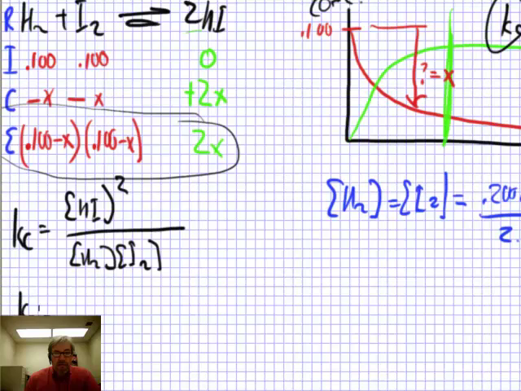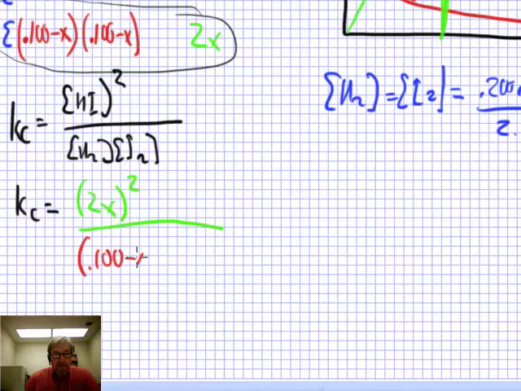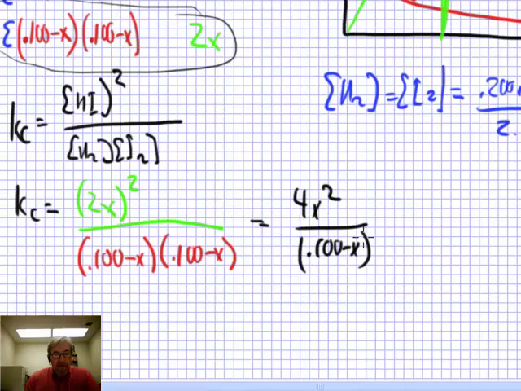Kc could be rewritten as 2X, that's the concentration of HI, squared, divided by 0.100 minus X to the 1 power, because that's concentration of H2, times 0.100 minus X to the 1 power, because that's the concentration of I2. So this whole thing simplifies to 4X squared divided by 0.100 minus X squared, and that's equal to Kc.